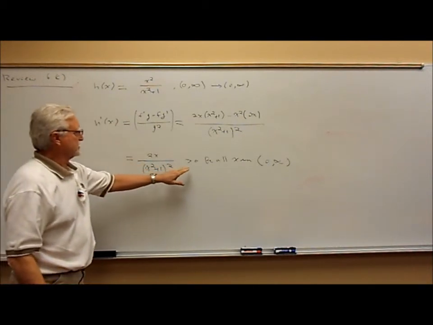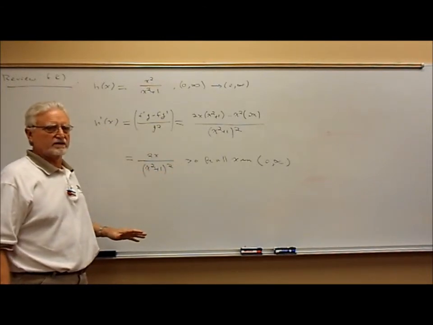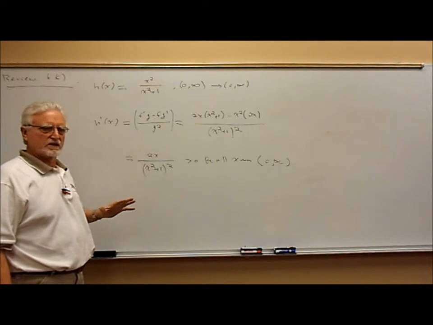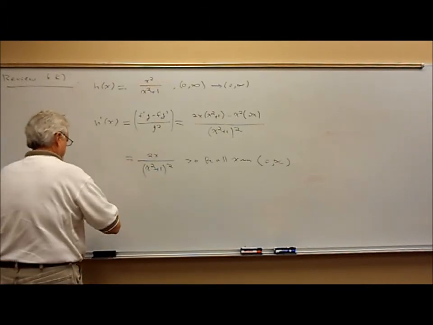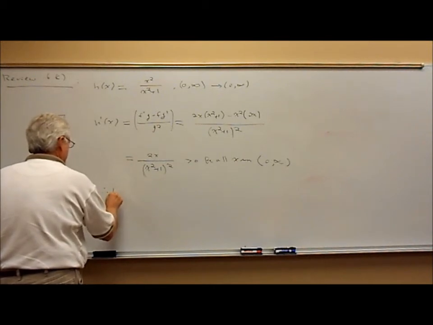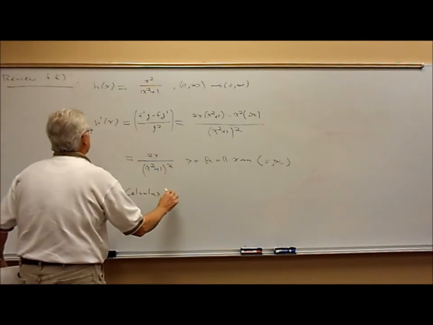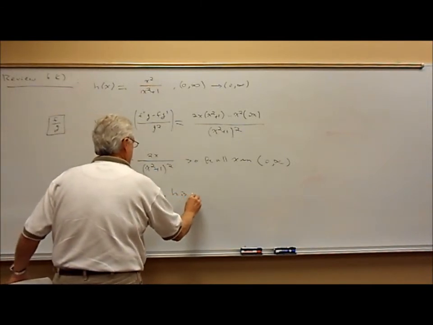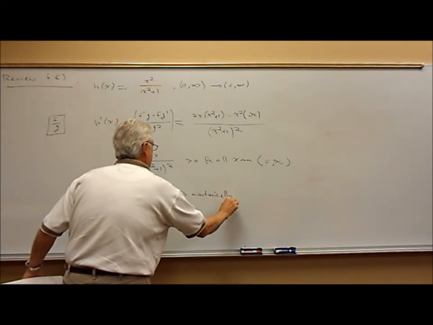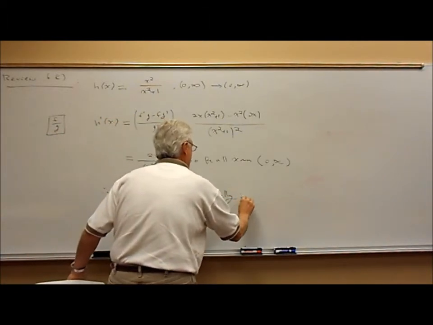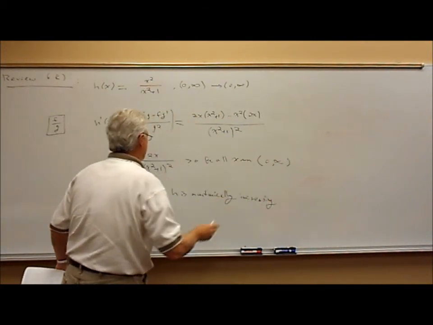And what does calculus tell us? That if the derivative is positive throughout the domain, then the function is monotonically increasing throughout the domain. So therefore, by calculus, h is monotonically increasing throughout its domain.